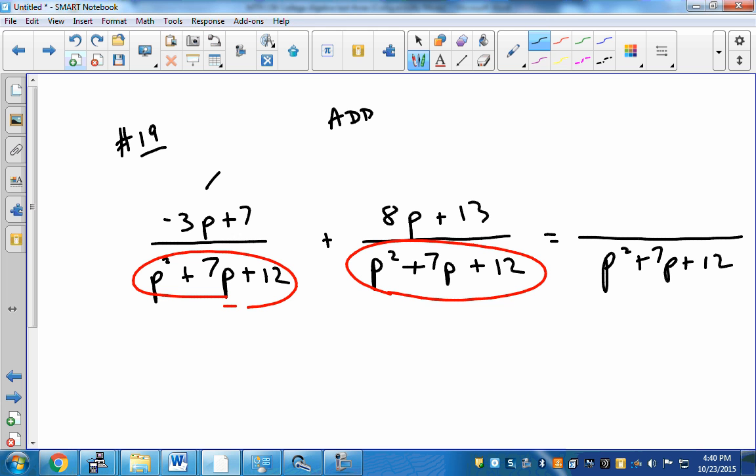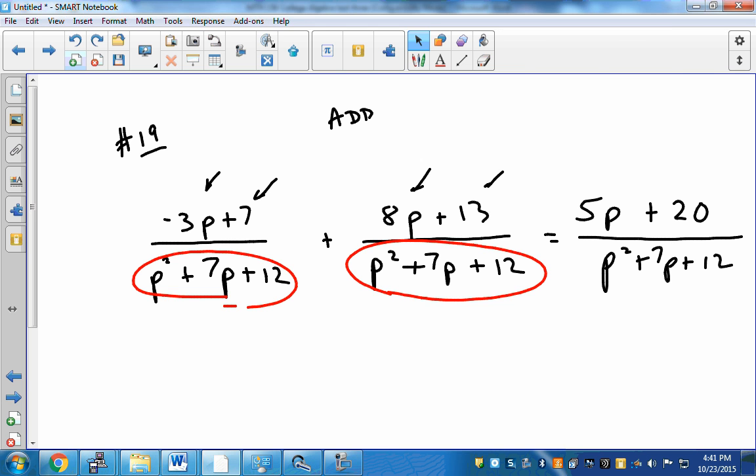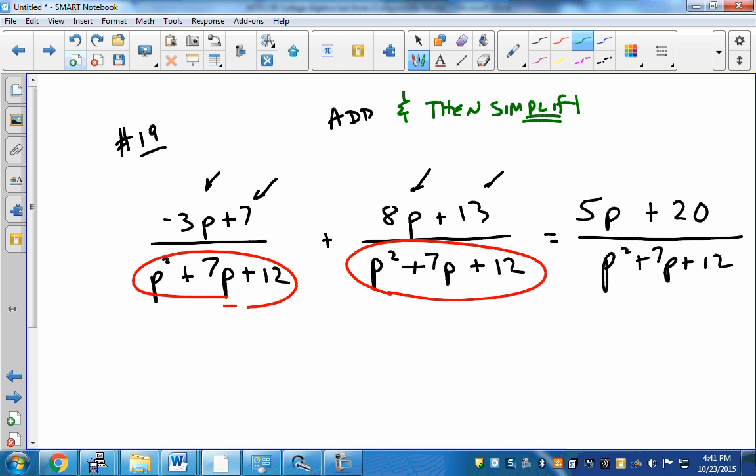So there's a minus 3p there, there's an 8p there, so that's 5p, and then for the constants we have 7 and 13, so that adds up to 20. Now even though we've added it, we haven't completed the problem. The problems say add and then simplify. So we have to take our answer here and see if this can be simplified.